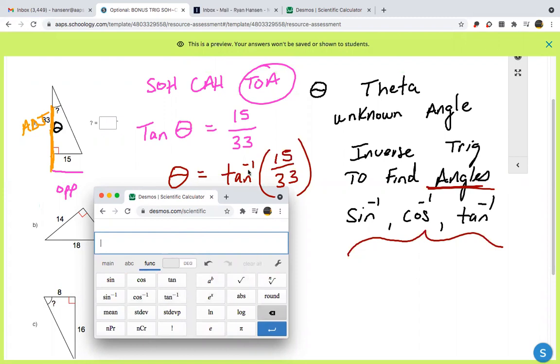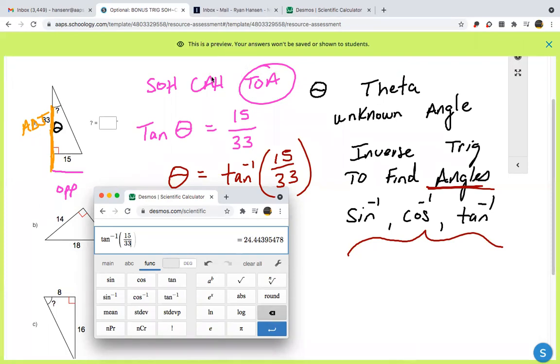The tangent inverse with the little -1 is right here. I'm clicking on that, and then I'm putting in my fraction, 15 on top, divided by 33, and lo and behold, it says it's 24.4 degrees, which rounded to the nearest whole. Since that tenths place 4 is not 5 or more, we lop it off. So this is a 24-degree angle.